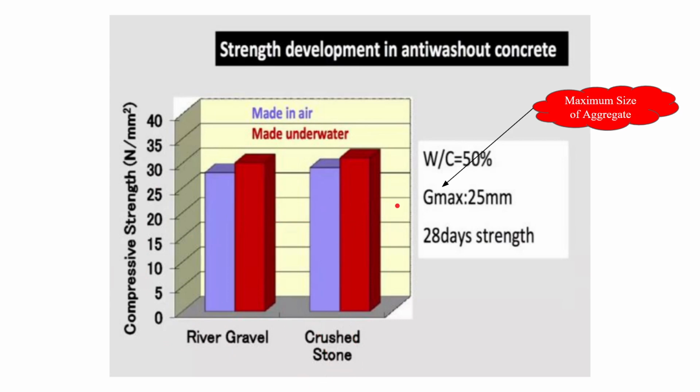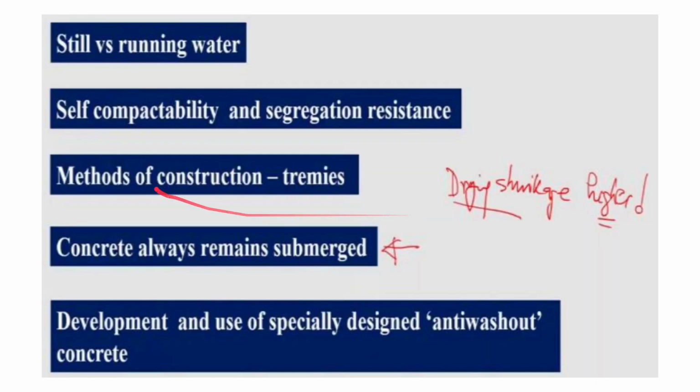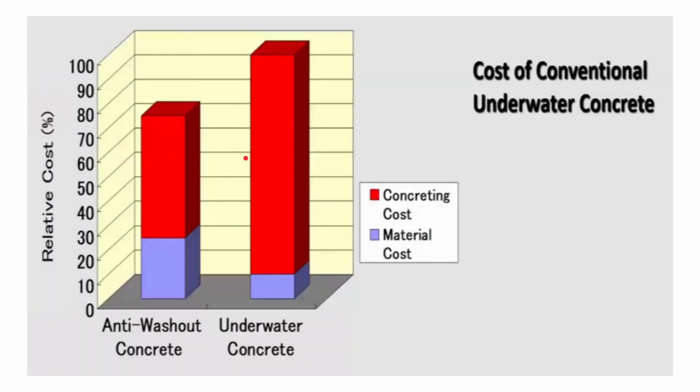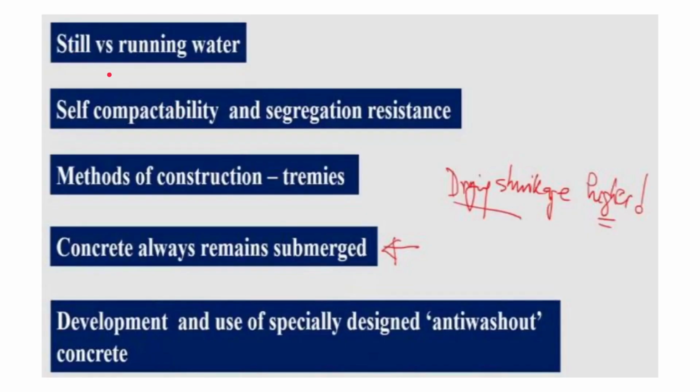So there lies its value. And the cost is also 80% of the ordinary concrete. So these criteria we have to study. What is the water type? Is it still water or running water?